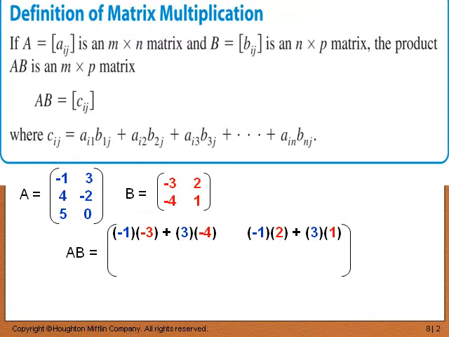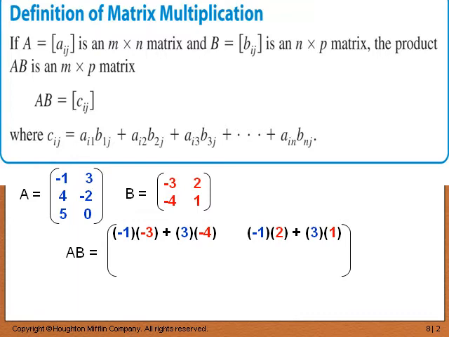So we have -1 times -3 plus 3 times -4. We use the first row of the left-hand matrix and the first column of the right-hand matrix. And that's going to give us the element that's in the first row and the first column of the product matrix.